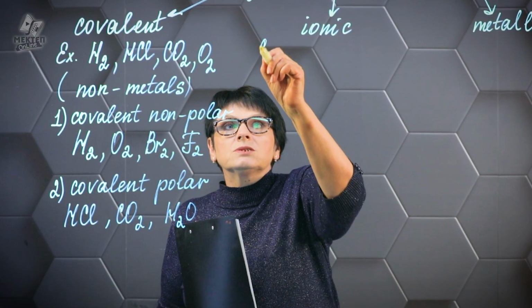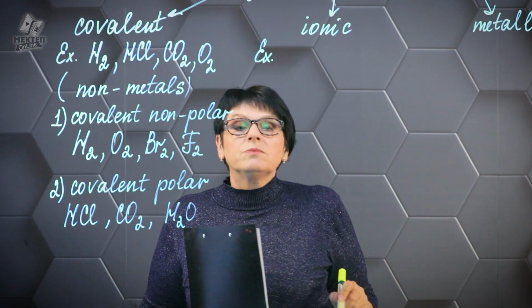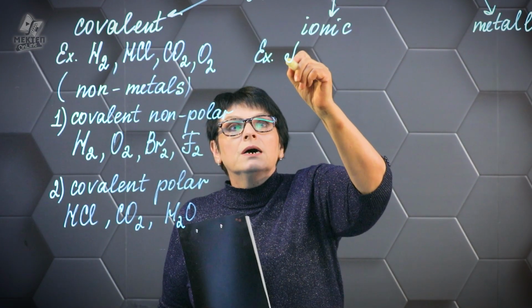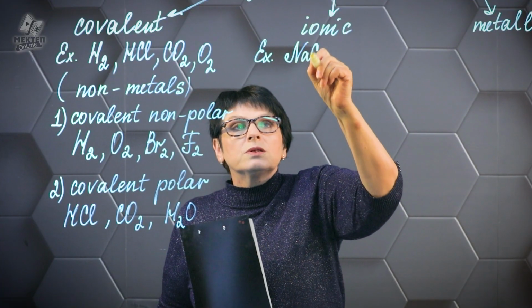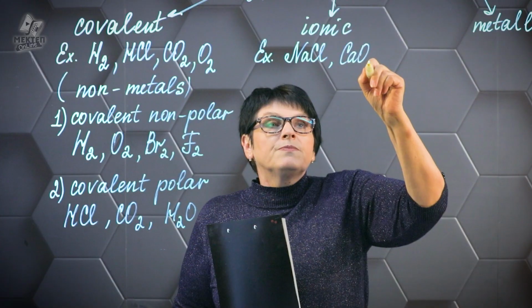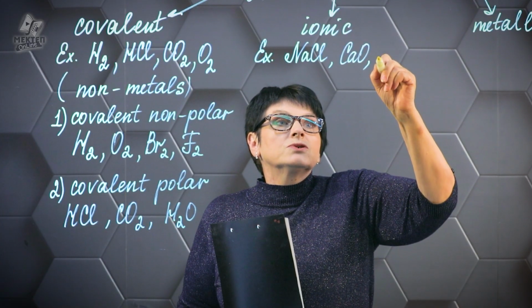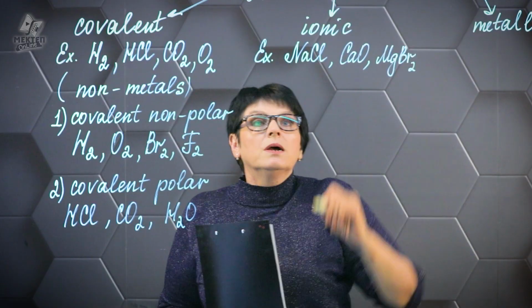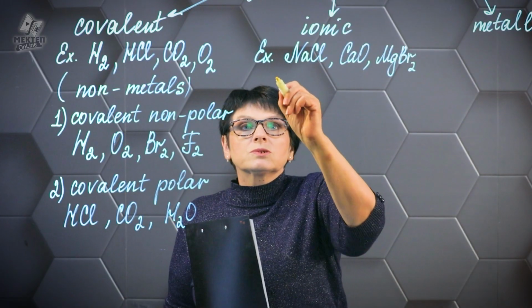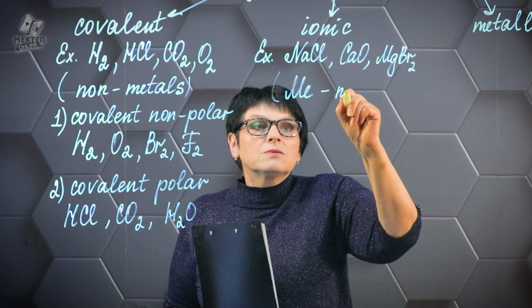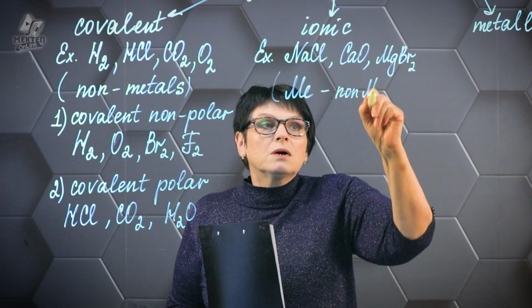Now let's take ionic bonding. Here too, let's proceed from the examples and then we'll find out between what this kind of bond forms. An ionic bond would be sodium chloride, calcium oxide, or for example, magnesium bromide. It is easy to see that in this case there is a metal and accordingly a non-metal.